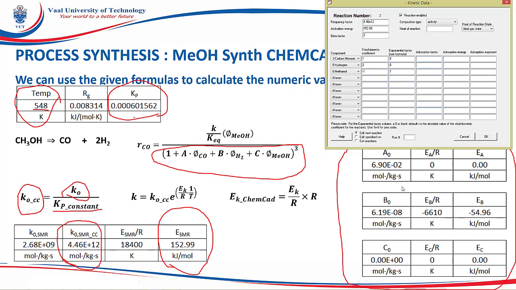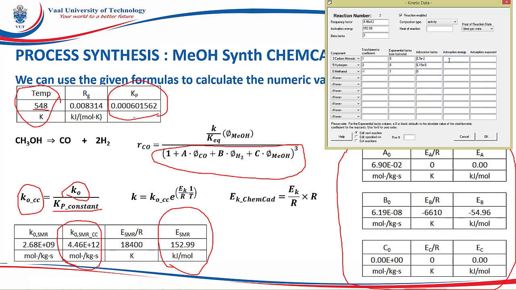The absorption factors are as given here. We have to key them in like we did before. 6.9 exponent minus 2, 6.19 exponent minus 8, and for methanol it is 0.